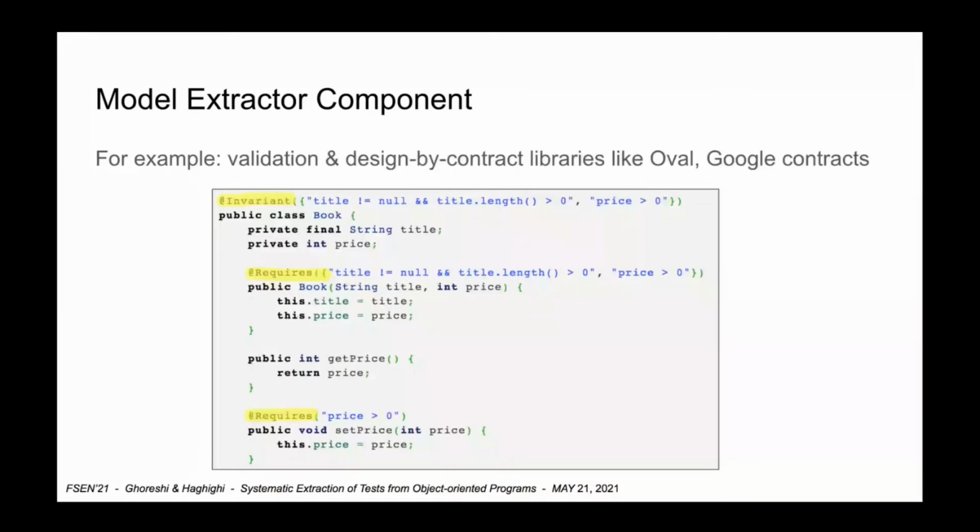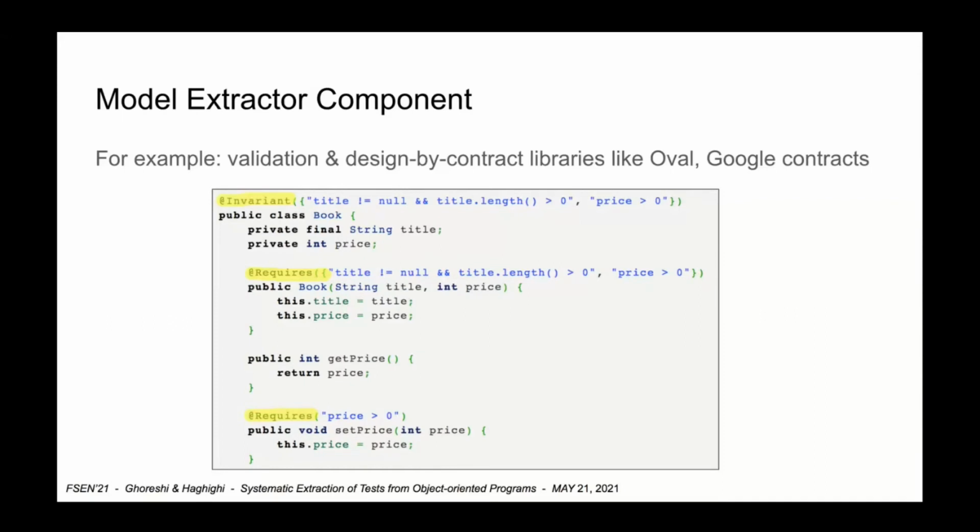For another example, there are validation and design by contract annotation libraries like Google Contracts for Java or OVAL. These libraries use annotations and Java logical expressions to validate objects.